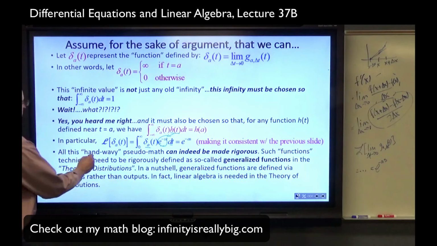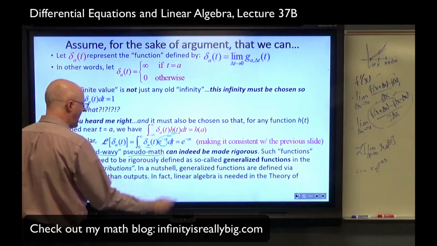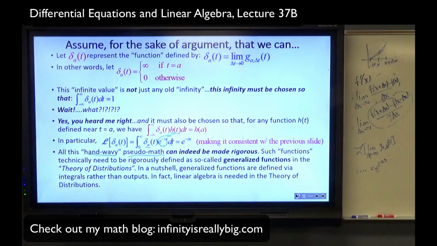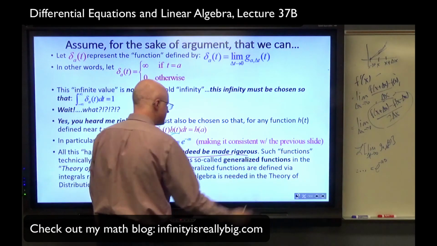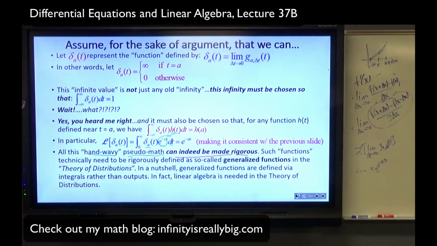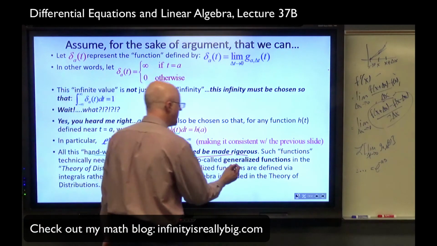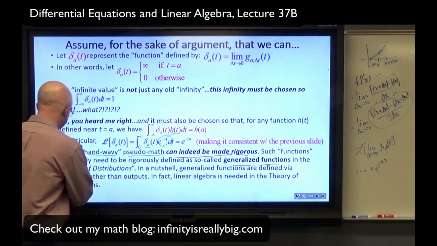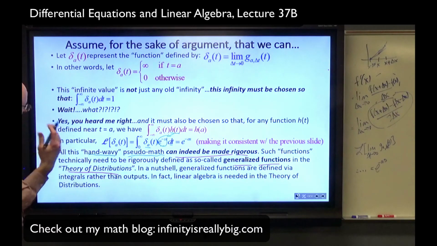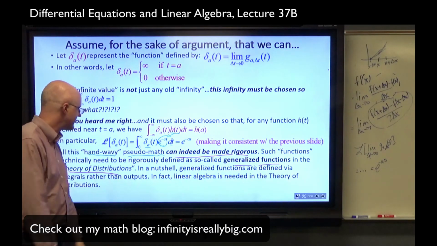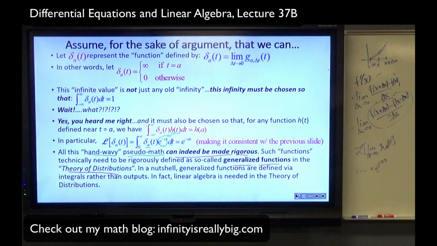All this hand-wavy pseudo-math, and it indeed is pseudo-math, can indeed be made more rigorous. Such functions technically need to be rigorously defined as so-called generalized functions in the theory of distributions. If you look it up online, generalized functions or theory of distributions, it's essentially the same thing, just different names for the same thing.